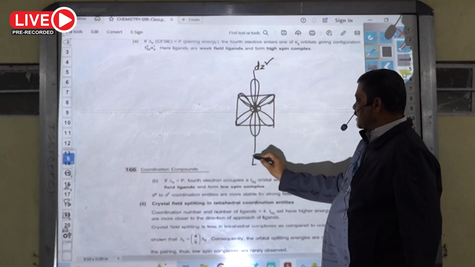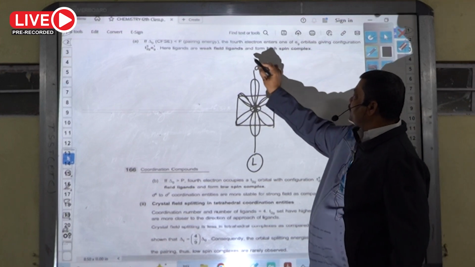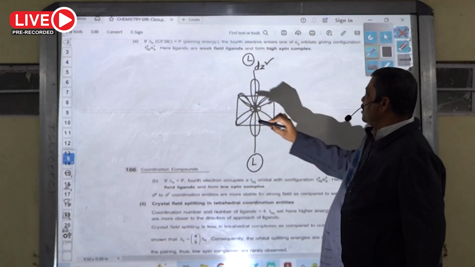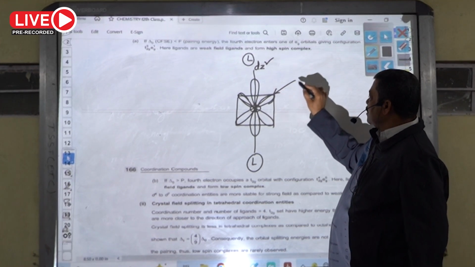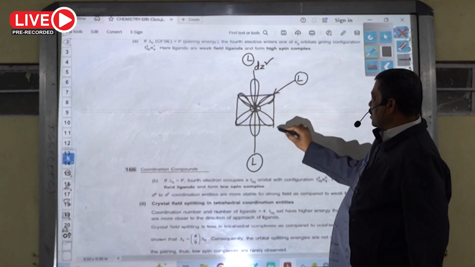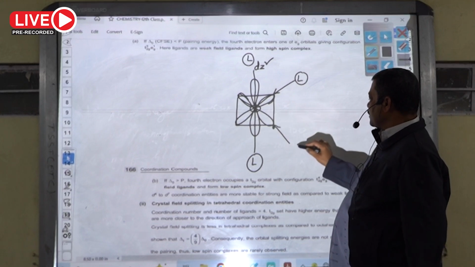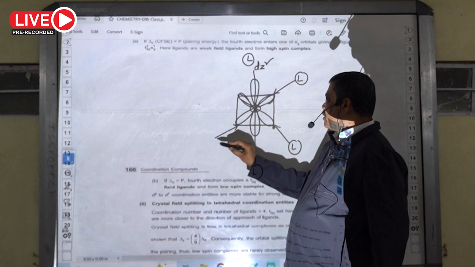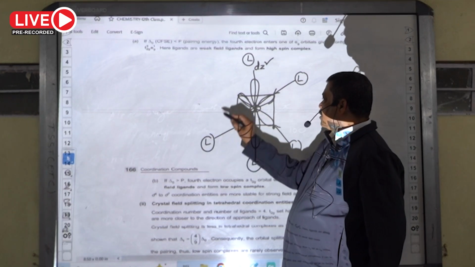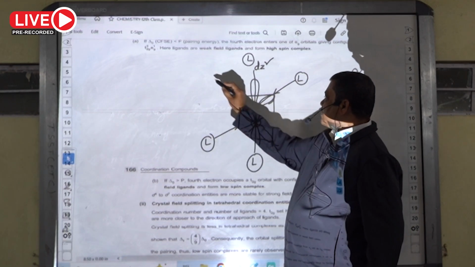So 6 ligands approach, 2 from the axis, 4 from the 4 corners. This is an octahedron.